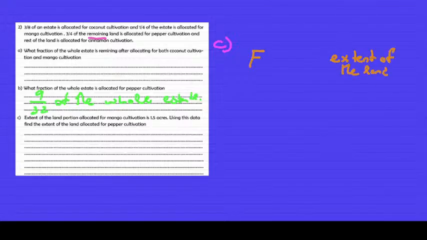So what is the value represented by 1/4 of the estate? We have been told 1/4 of the estate. How did I get this 1/4? The fraction. That's what they have said. What is allocated for mango? So what is the value represented by 1/4 of the estate? Here at the bottom they have said 1.5 acres.